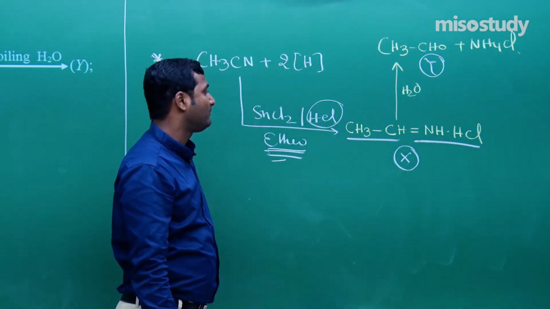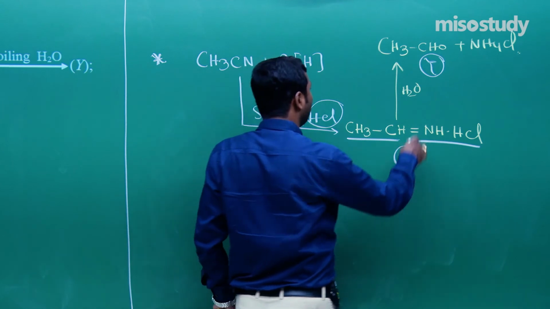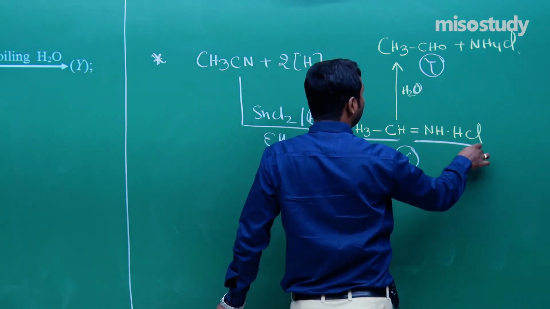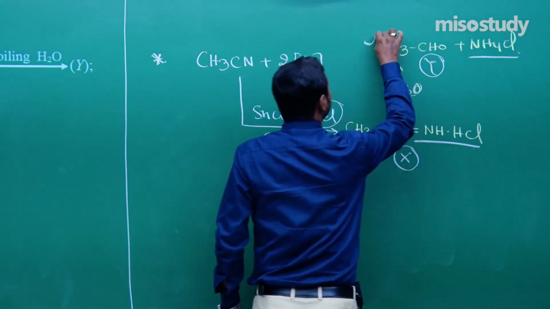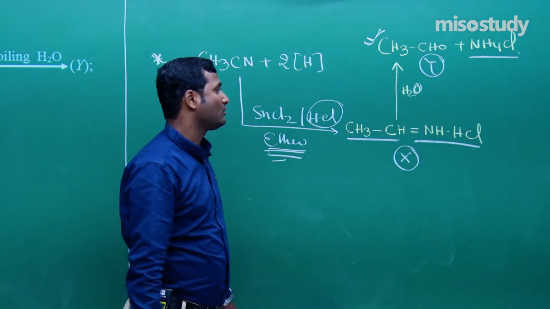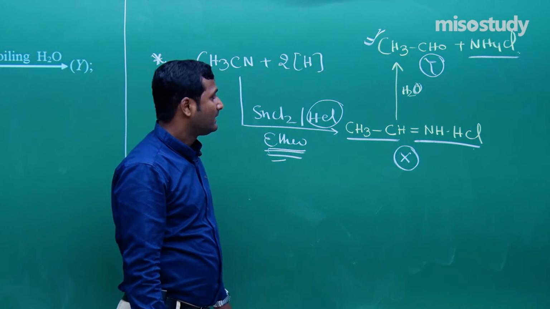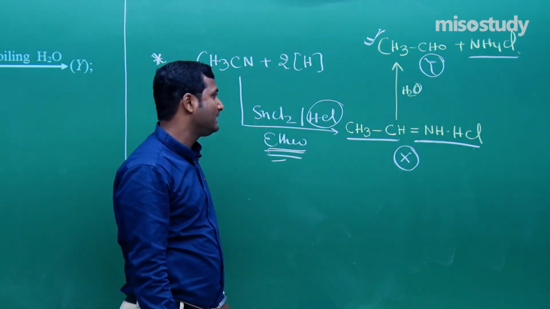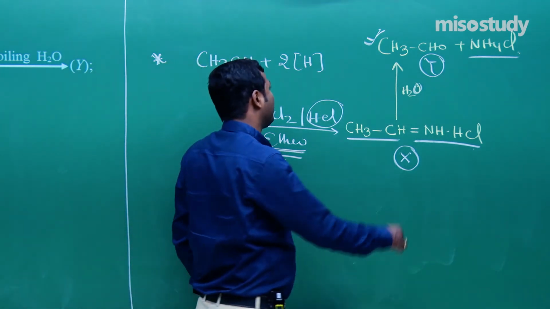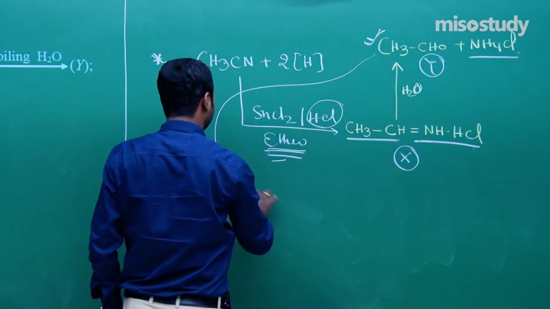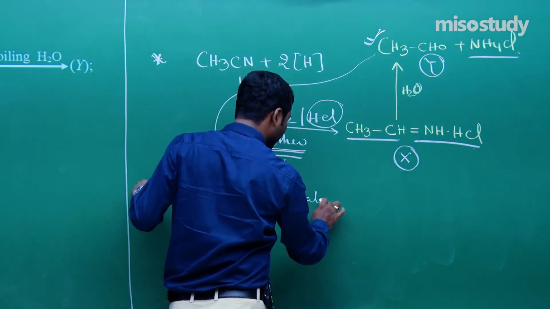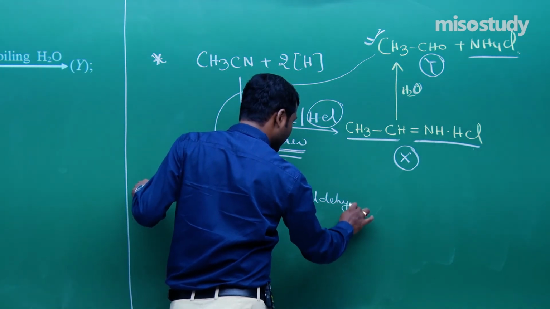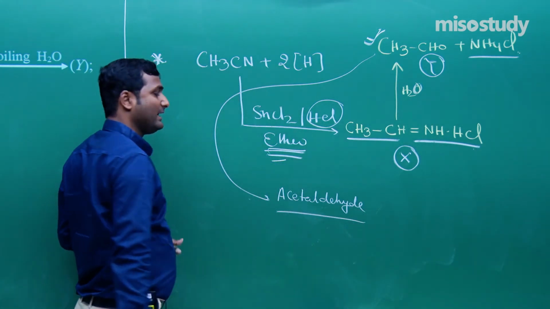What will happen further? There is an addition of H2O, and NH4Cl and CH3CHO are formed. Clear? This one, we know, sir, is acetaldehyde.